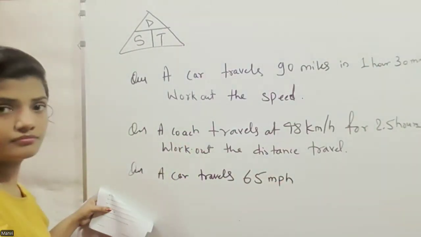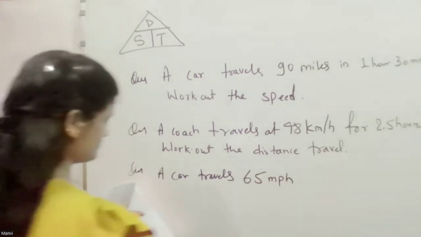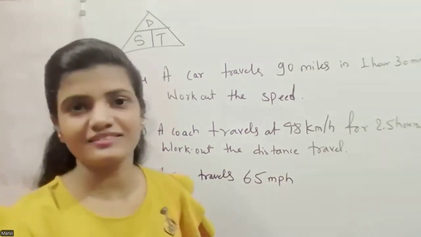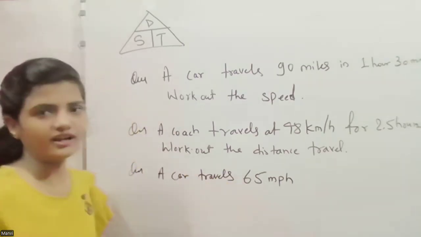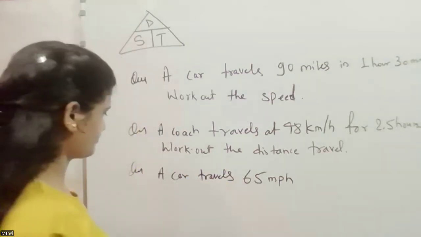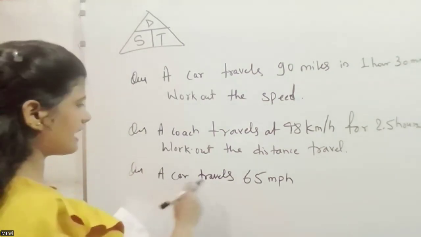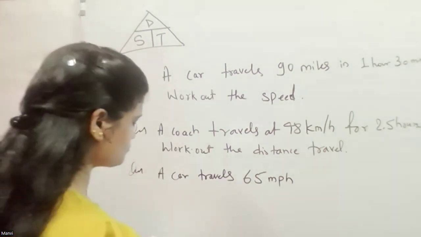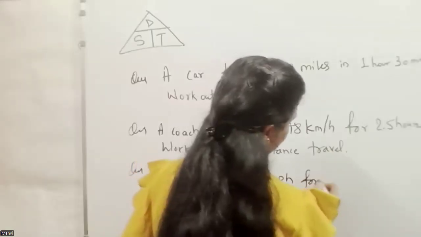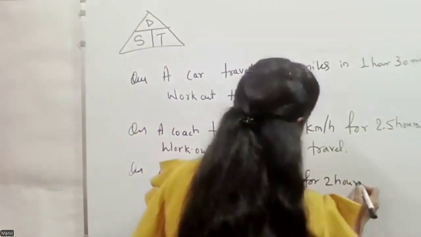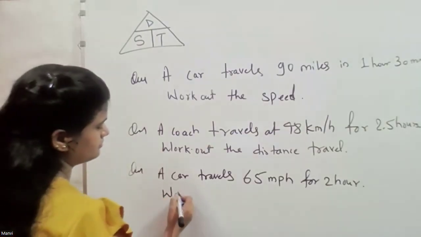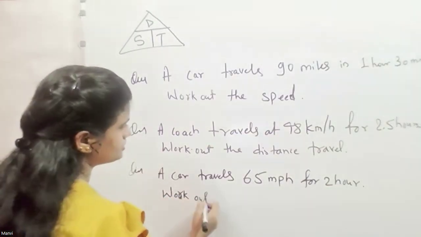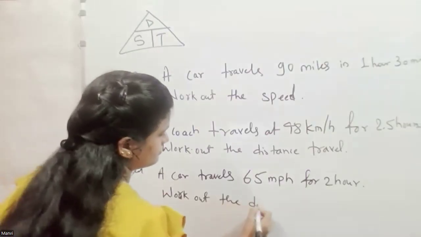How many questions do we have before the break? Yeah. Okay, just after this, we can take our break. Okay. Car travels 65 miles per hour for 2 hours. So you need to work out the distance. Work out the distance.